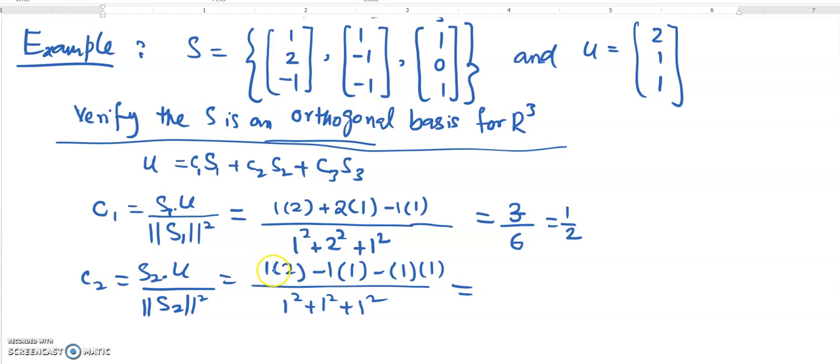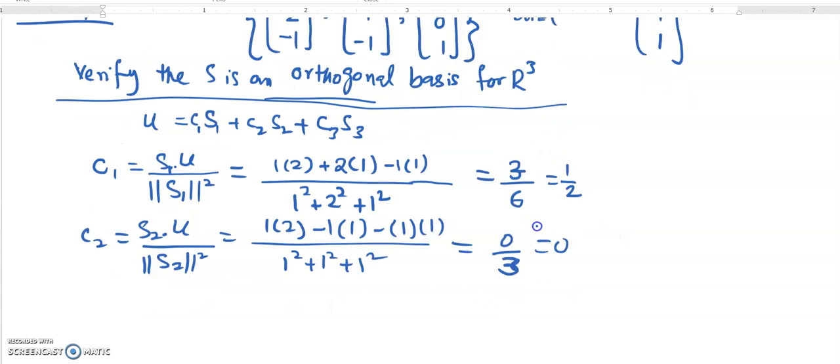So what we get is 2 minus 1 is 1, and 1 minus 1 is 0. So 0 over 3, that is 0. So C2 will be 0.